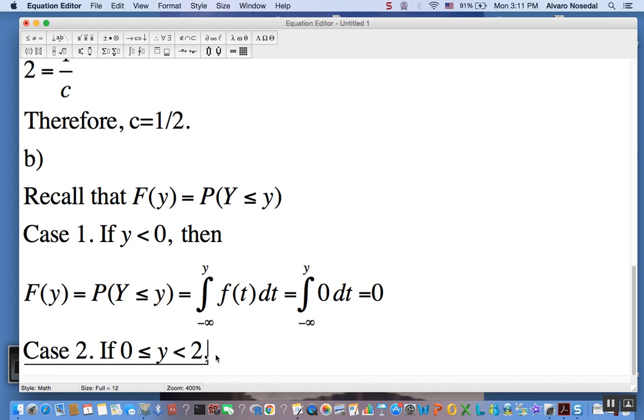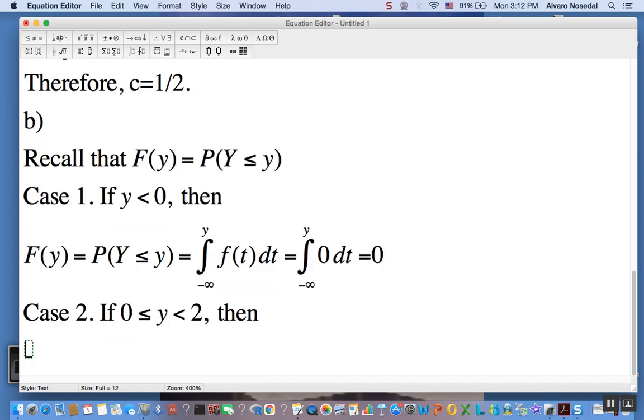Now by the way, why am I doing it like this, with 0 greater or equal to y? Remember when we talked about the properties of a legit CDF, we mentioned that among them the CDF must be right continuous. So anyway, that's why I'm defining these intervals like that.